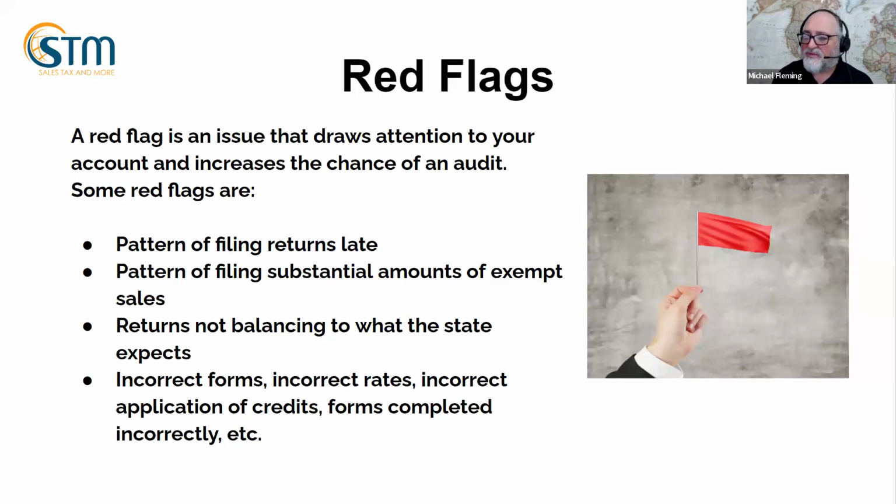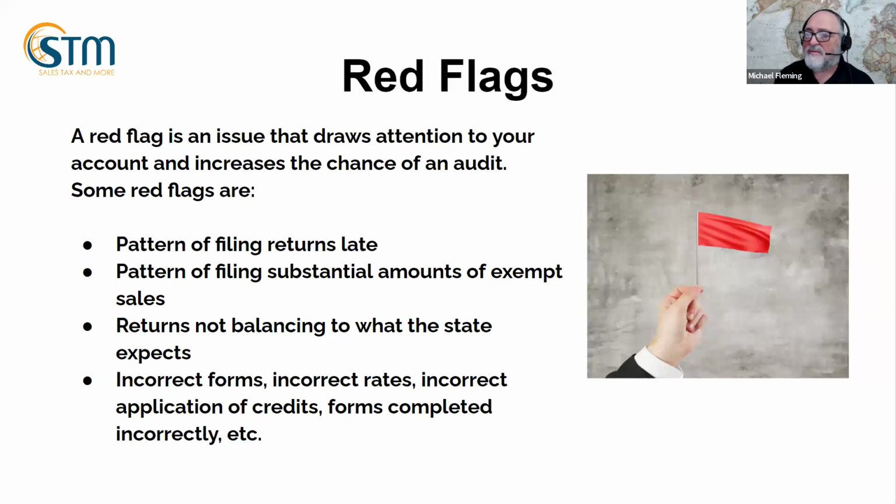And then the incorrect forms, the incorrect rates. Now, incorrect forms, if you're collecting sales tax or registered for sales tax, but you're trying to file a vendor's use tax, that's a problem. The incorrect application of credits. This is a big issue in a number of states. Some states allow you to take a credit for sales tax paid on a purchase.